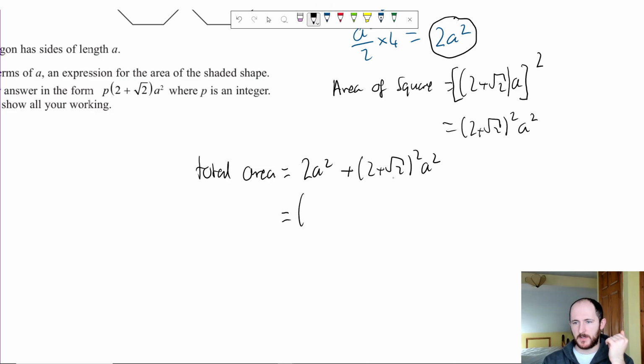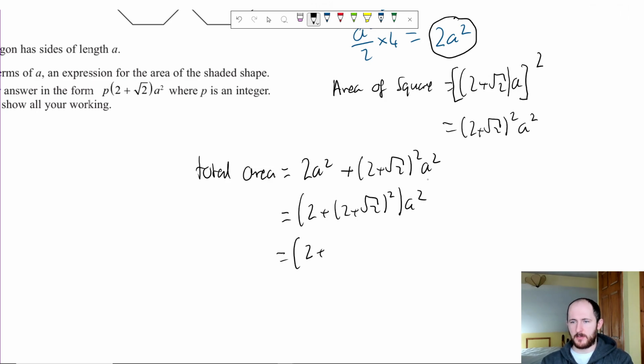So I could have (2 plus (2 plus root 2) squared) a squared, and then I could expand that bracket and simplify in order to get something that looks like this. That's something that would work. Is there anything else that might be smart? I think that might be the best way. I could have expanded the whole thing here, but then it's going to be quite long, quite ugly. So let's just expand this interior bracket.